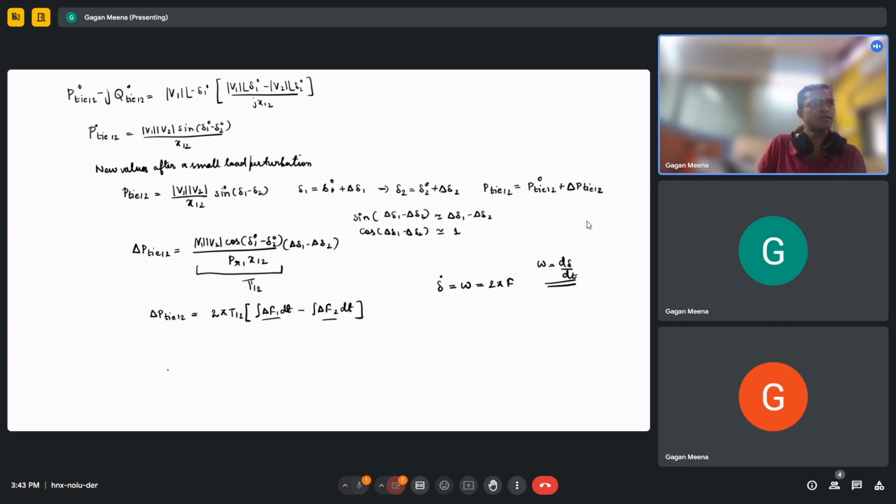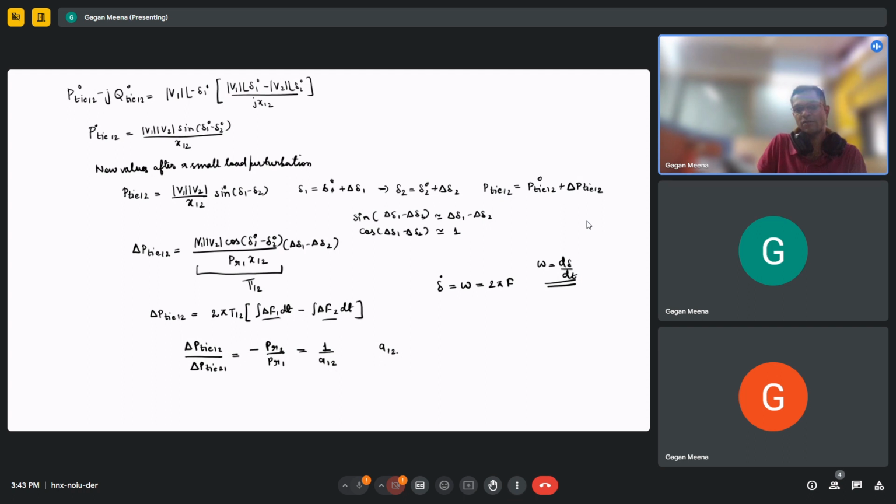So if we write delta P tie 12 divided by delta P tie 21, then it will be minus Pr2 divided by Pr1, and this is 1 by a12.